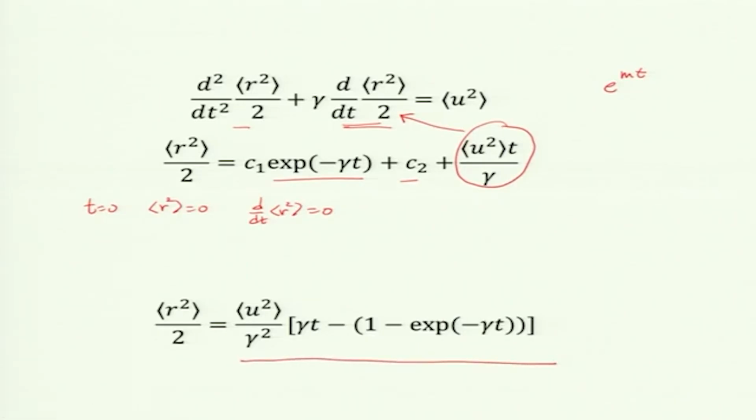So, this is the exact solution of that equation for the initial condition given here. At t equal to 0, you can see that this becomes 0 and this becomes 0. So, r squared is 0. So, the initial condition is respected, but of course, I have to do the derivative as well, more algebra, but you can verify.